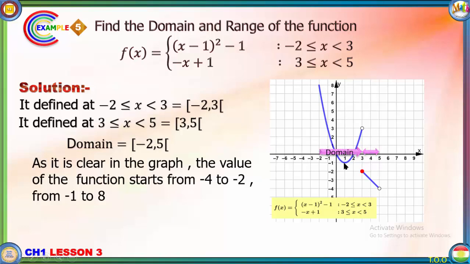We get a lowest point when x is 1, where the value of y is -1. Therefore, the range is from -4 to -2 and from -1 to 8, where -4 is open, and -2, -1 and 8 are closed.